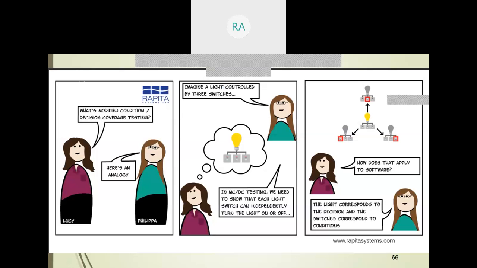What you are exactly doing in MCDC testing is that we have to show that each light switch is independently acting on turning the light on or off. It's not about the combined effect of these three switches in switching the light on or off. It is not that. You are going to show that each of the switches you have considered is independently turning the light on or off.